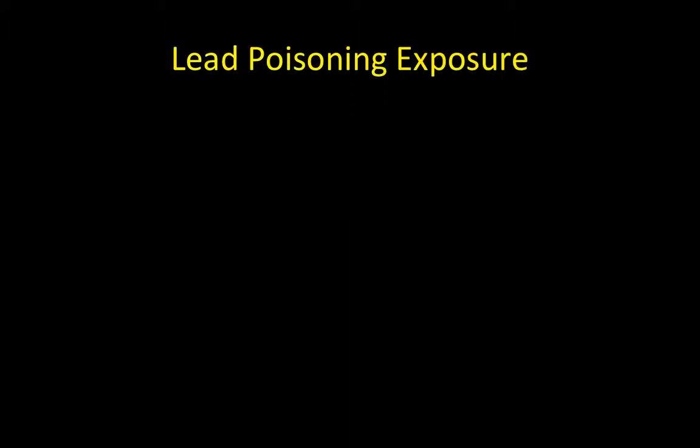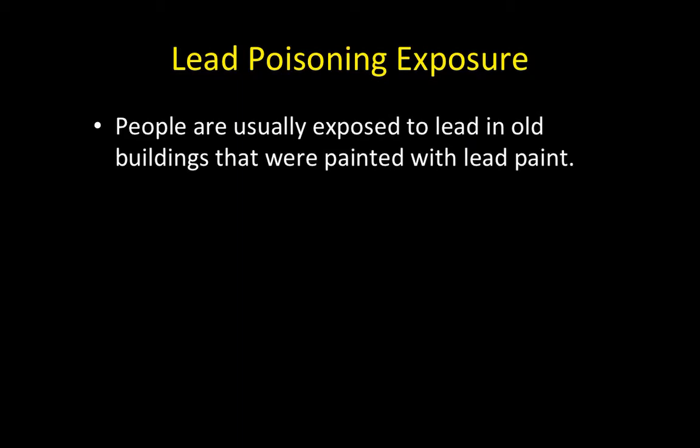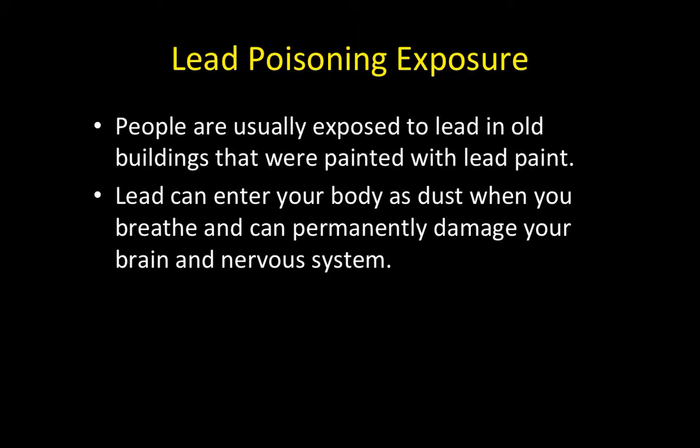Let's begin. There was an experiment that looked at lead poisoning exposure. People are usually exposed to lead through old buildings that were painted with lead paint. There are a couple of ways in which lead can enter your body. It can enter as dust as you breathe it in, and/or you can ingest it as paint chips.